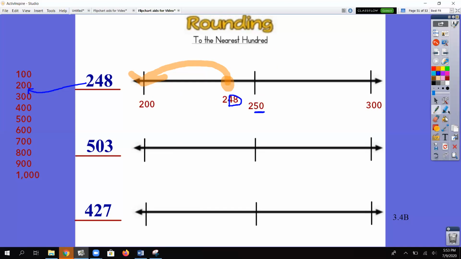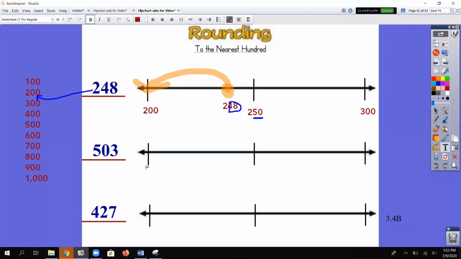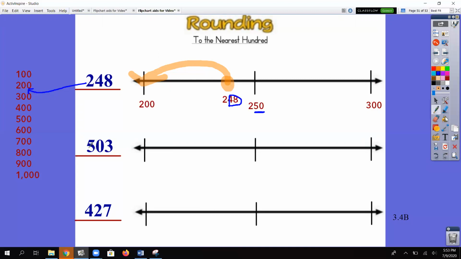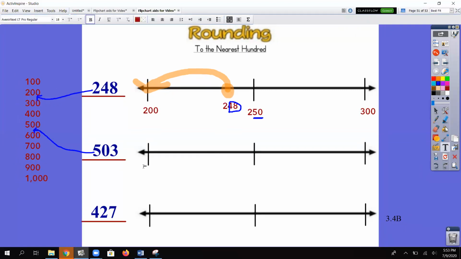Okay, let's look at 503. That would be in between 500 and 600, right there. Right? So our boundary numbers will be 500 and 600. And our midpoint, 550.